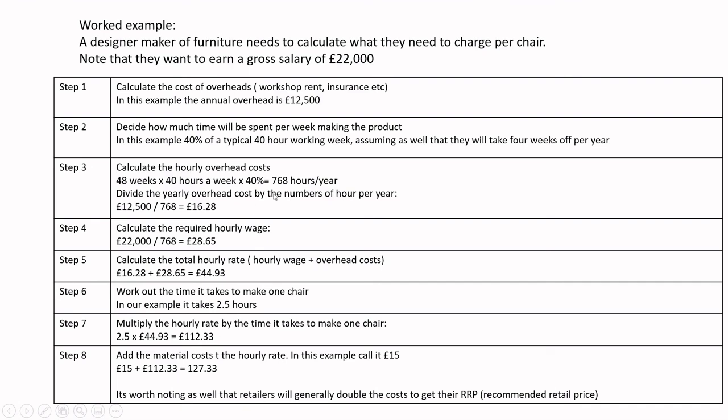Then work out how long it takes you to make one chair. For this example, it takes the guy 2.5 hours. So just times 2.5 hours by the hourly rate, and then that will let you figure out how much time and money it costs to make one item, and then add in the material cost as well, so we'll call that £15. So in total it costs £127.33 per chair.